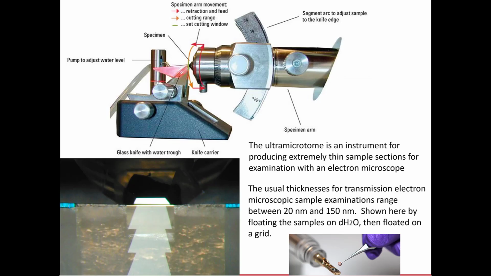And so here is what you do to create the little slivers, using what is called a microtome. And this is a diamond knife that cuts your sample. So this would move up and down, and then the samples would be formed and come off onto water.